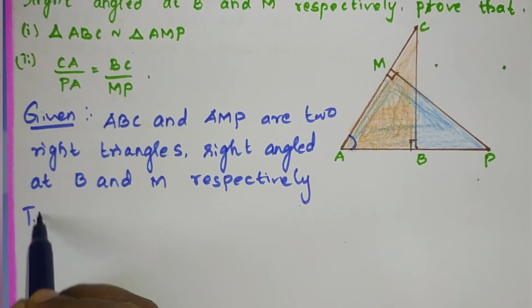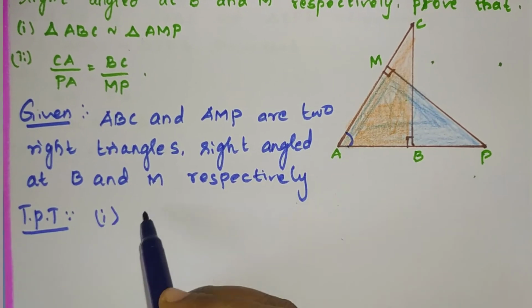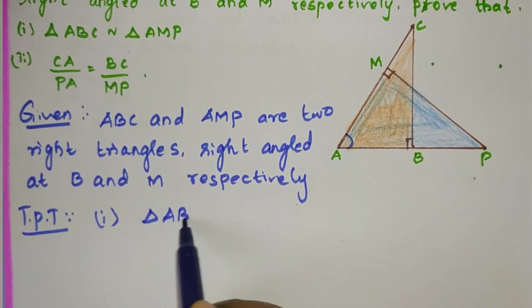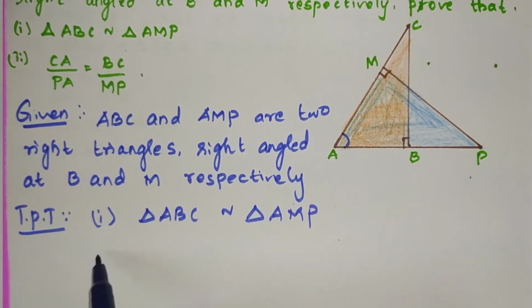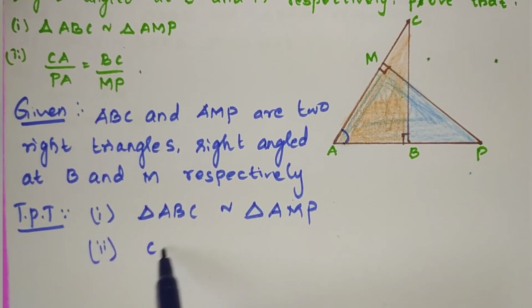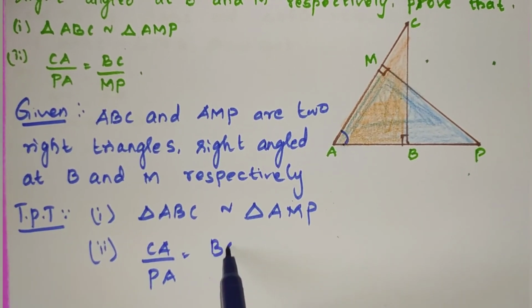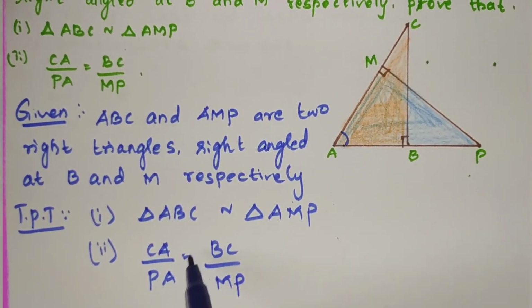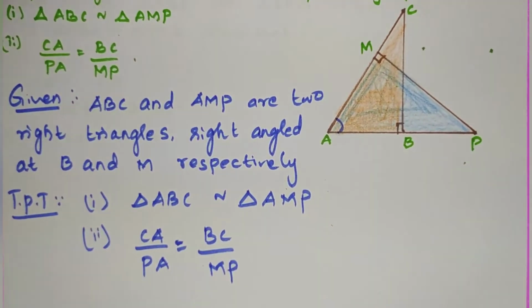We have to prove: first, triangle ABC is similar to the triangle AMP. Second, CA divided by PA is equal to BC divided by MP. Clear?